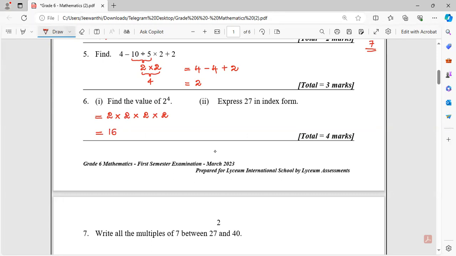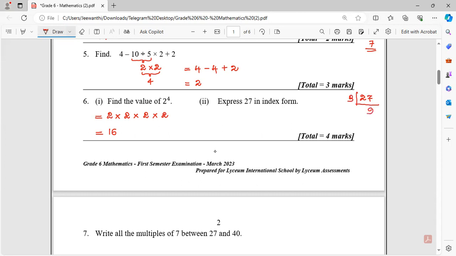So then the next one, express 27 in index form. You have seen this question in a different way in your textbook. They have asked you to write 27 as a product of its prime factors. Now here they are asking us to write 27 in index form. Can I divide 27 by 2? No, I can't. So I divide this by 3.